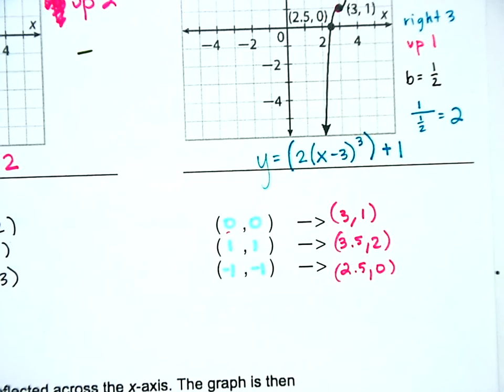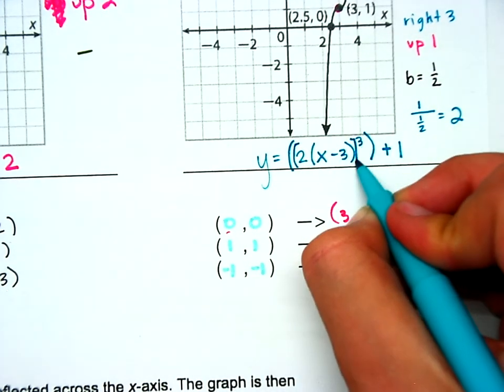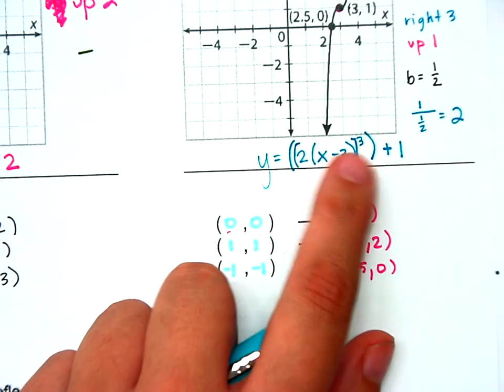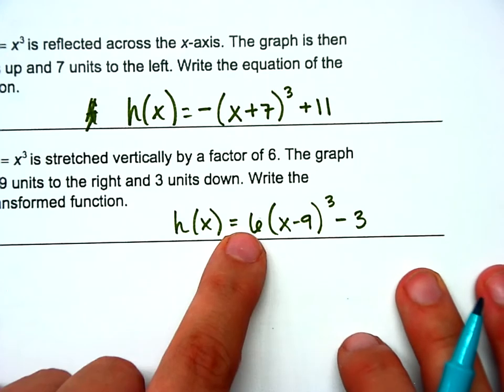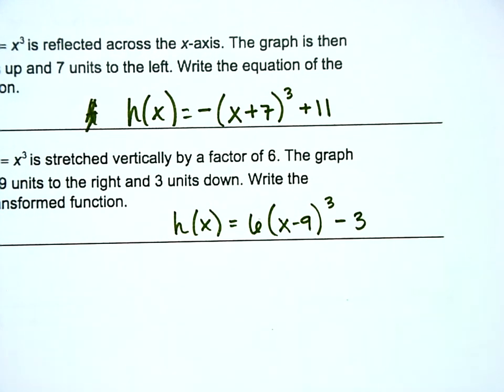Just noticing, in case you guys were copying down this one, this 2 needs to be in parentheses like that. That 2 needs to be cubed. So just wanted to make sure that was apparent. When it's vertically, it does not need to be cubed. Like that.